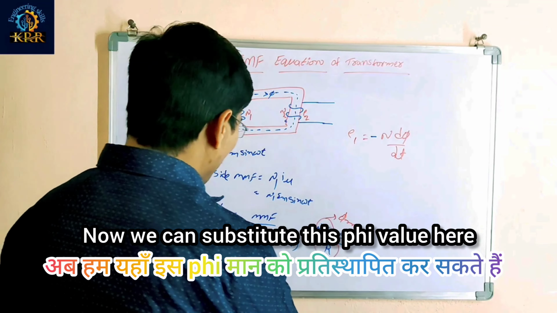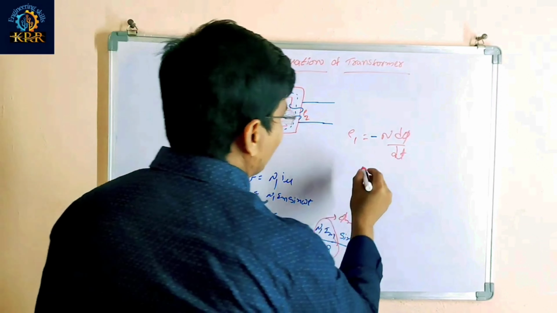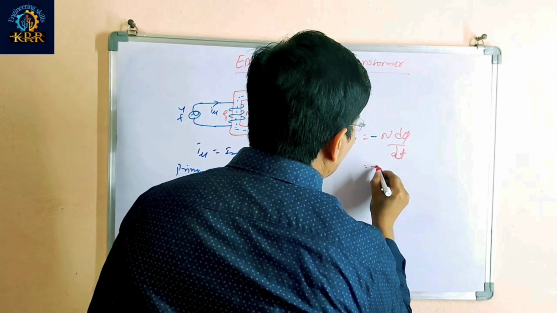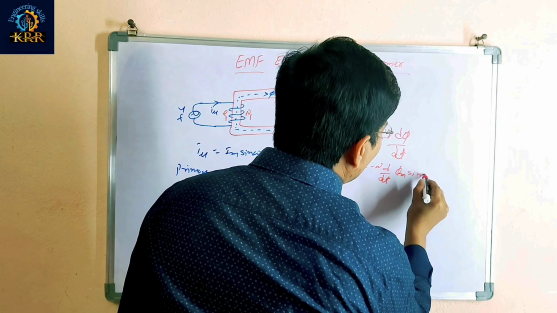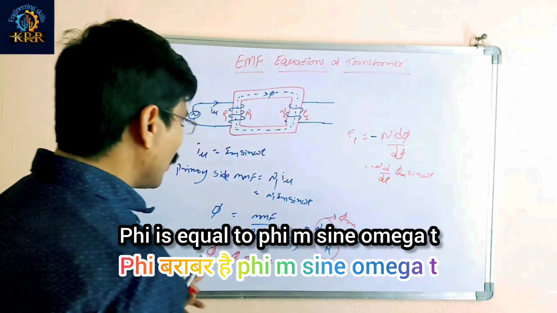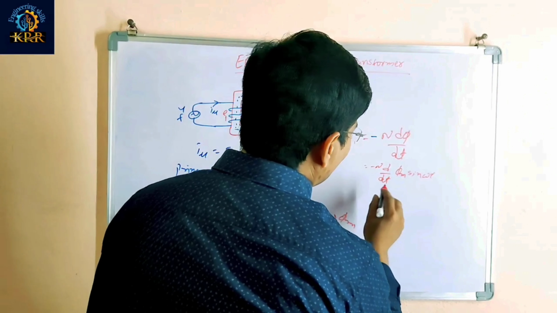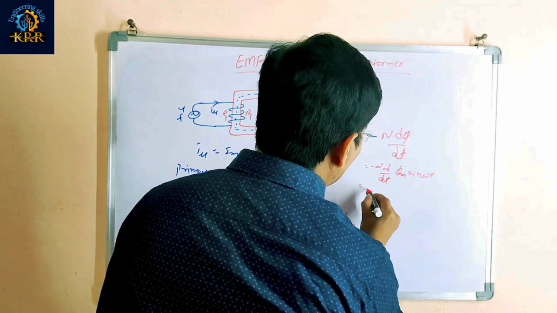Now we can substitute the phi value here. Minus N d phi by dt, where phi is equal to phi m sin omega t. This gives minus N phi m omega, since differentiating sin omega t gives cos omega t.